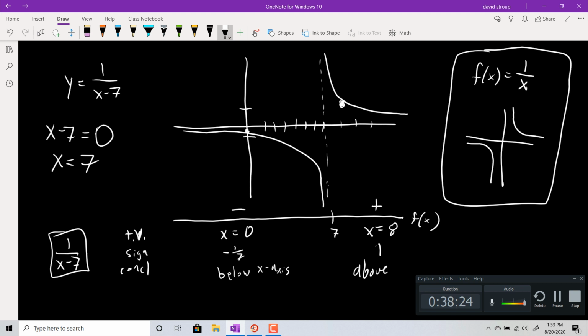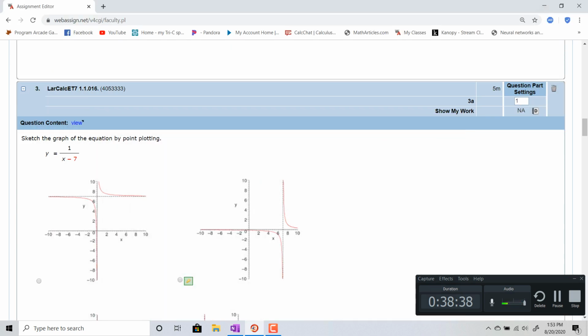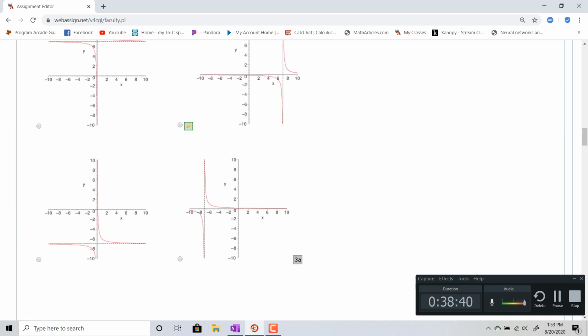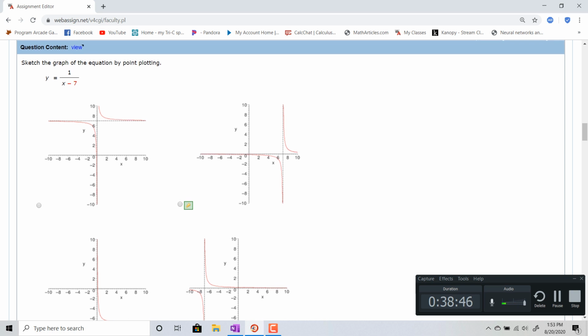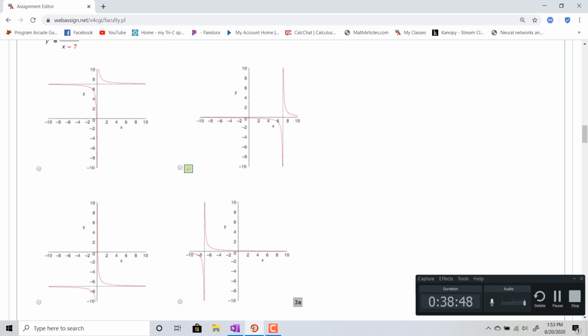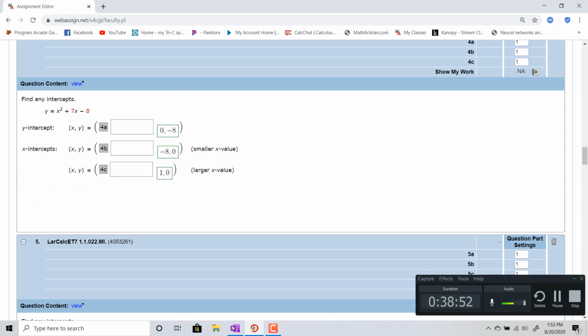The one we just drew is just a shifted version of the one I put in the box. It's just been shifted over by 7. Hopefully that wasn't too confusing. It'll make more sense the more of this stuff you do. So apparently the answer is this one, the one with the key here. Okay, let's see what else.